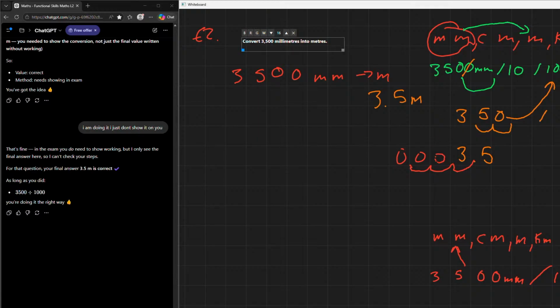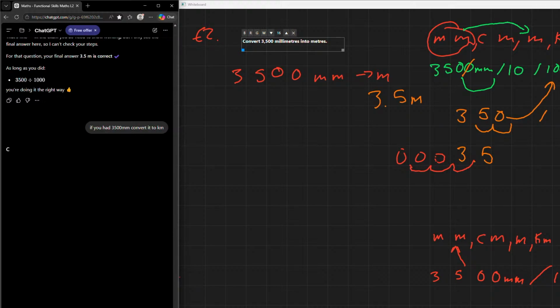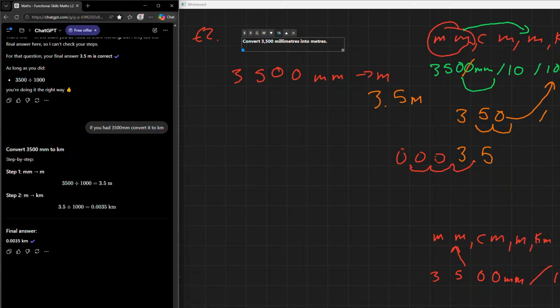It should be because it's millimeters, not kilometers. 0.0035. Yeah.